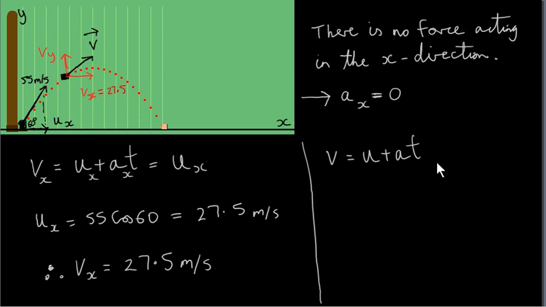So we apply this formula from linear motion with constant acceleration. The acceleration is actually constant, we'll see it in a minute. We apply this formula in the y direction. Now, uy we can find. Uy is this vector here, the y component of the initial velocity.